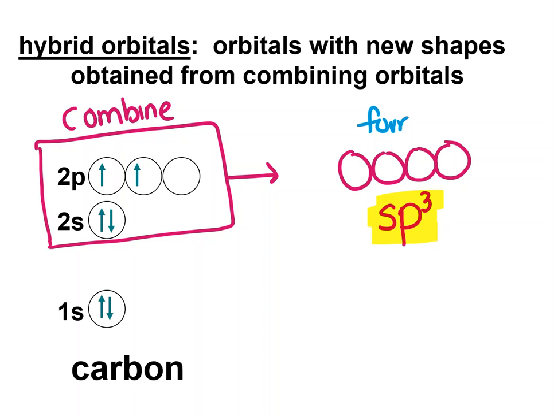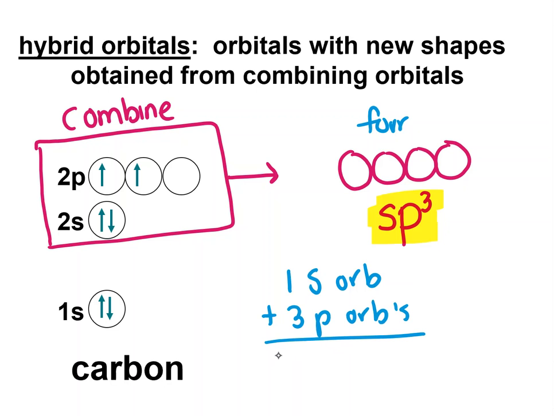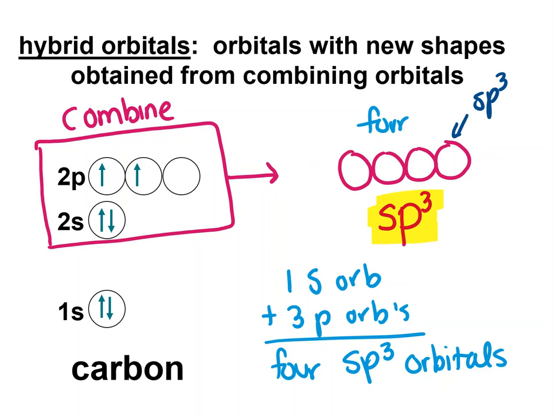So just so we're clear, when you take one s orbital and combine it with 3 p orbitals, you get 4 sp3 orbitals. I will refer to these as the sp3 hybrid. They're a set of orbitals.